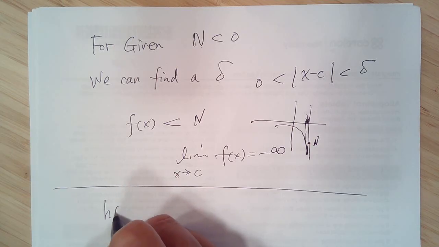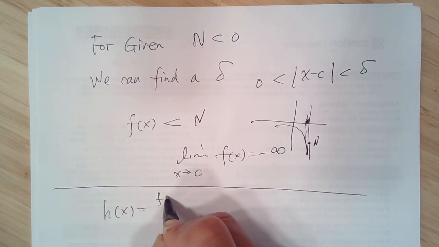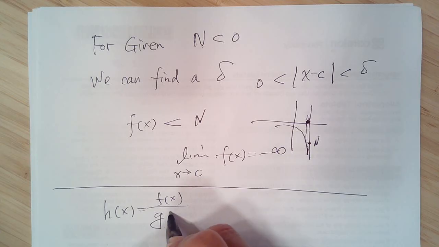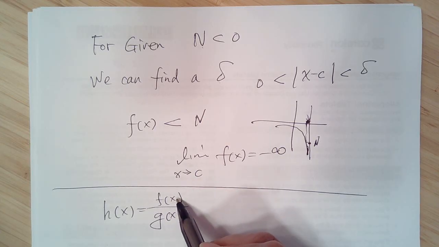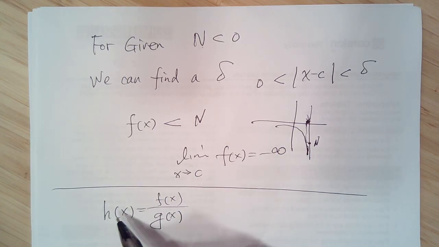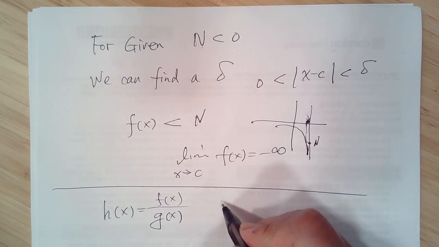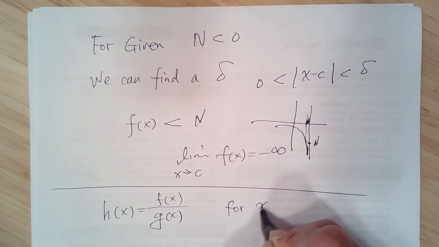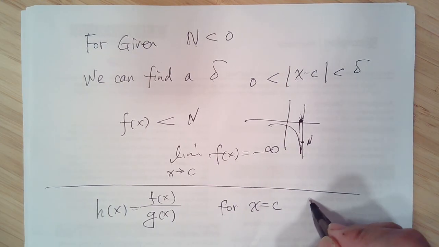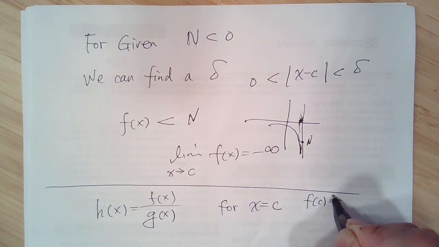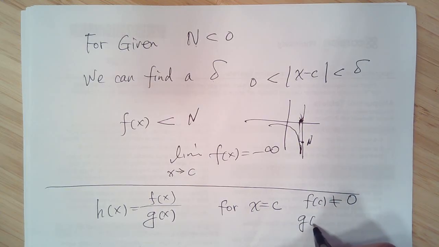I give you h of x, which is f of x over g of x. This function is a quotient of these two functions. For x equals c, the numerator f of c is not 0, but the denominator g of c equals 0.